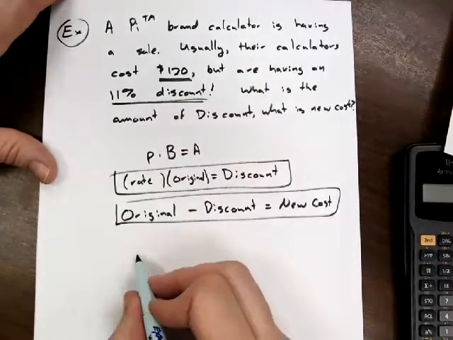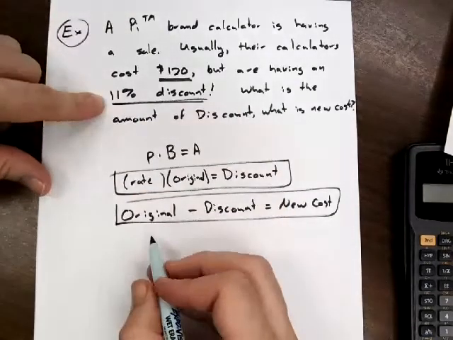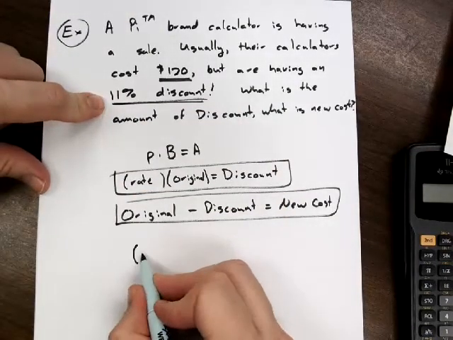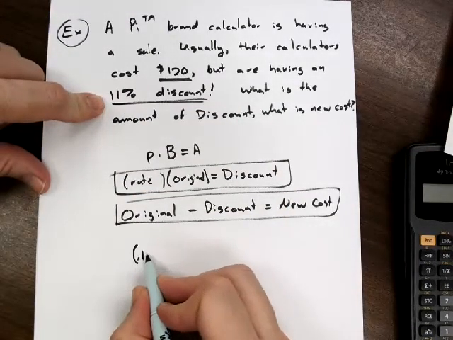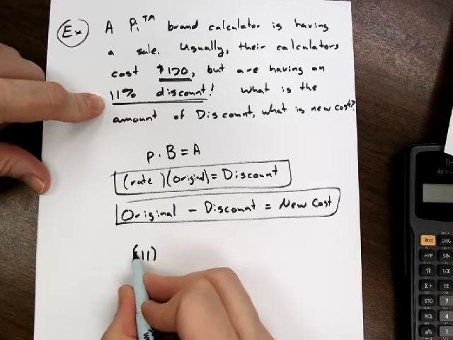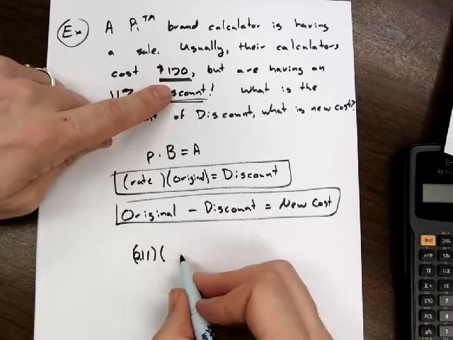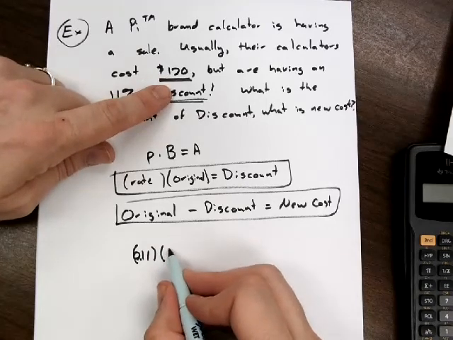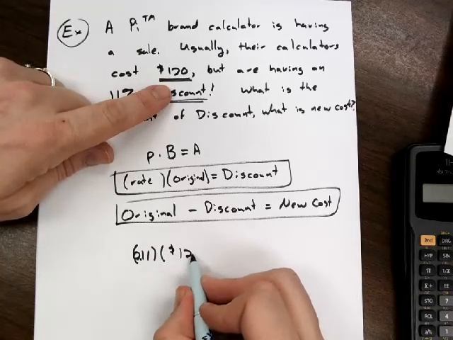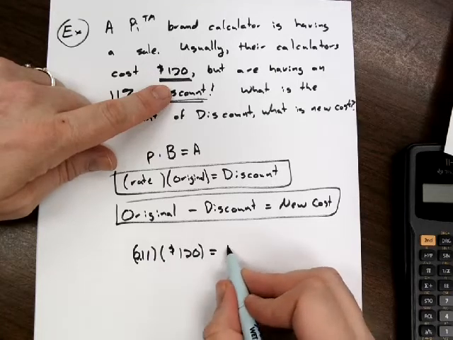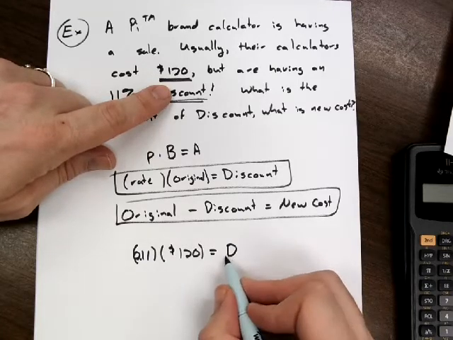Here we've got this discount rate is 11%, so I'm just going to plug in 0.11. Sorry, that should be 0.11 just to be consistent. It looks like our base amount here is $120. So I could say, oh, that's $120, and that's going to be equal to my discount. I'll use a capital D for that today.